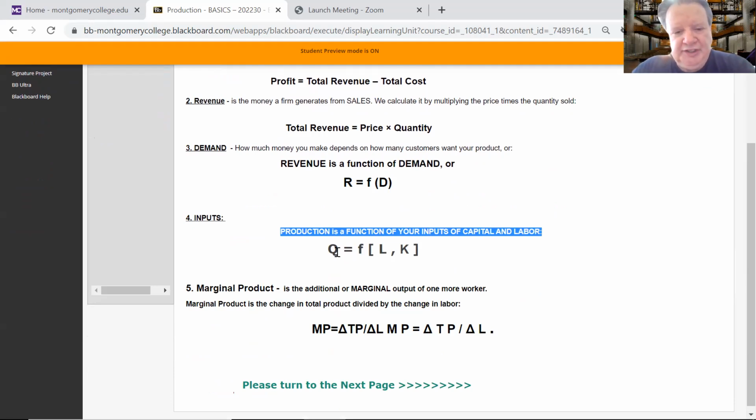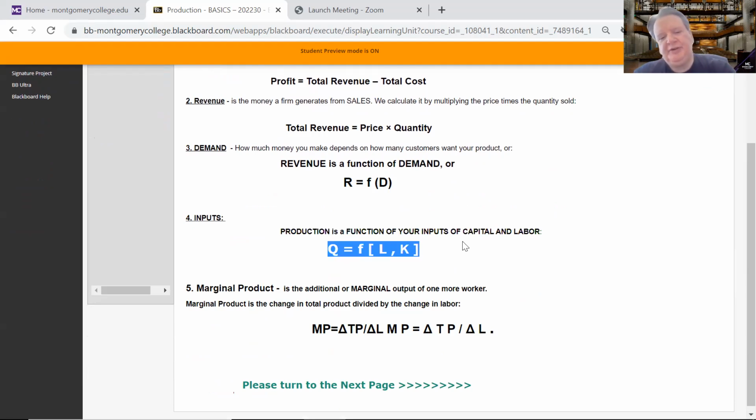We look mostly in economics at the production function, how much you can make depends on what quantity. This would be some quantity of labor and capital. So to make a pizza, you might need 3 workers and 1 pizza oven. And that would be your labor and your capital equipment.